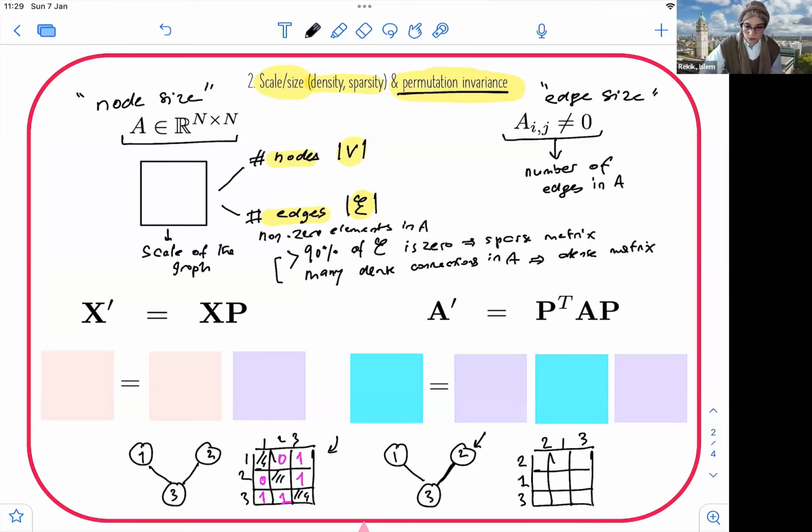And what happens when I do that? If I do this permutation of the indices of the rows and the columns, so I permuted 2 with 1, I switched them. Let's look at the topology of the graph. So 2 is connected to 3, so we have 0, 0, 1, and 3 is connected to 1, 1, 1.